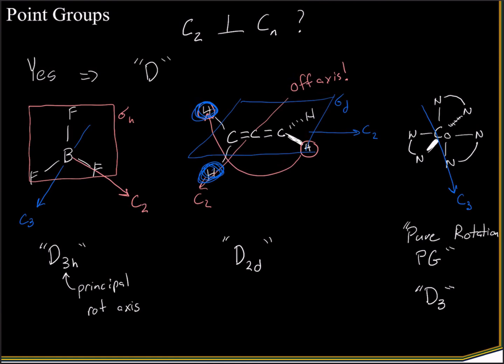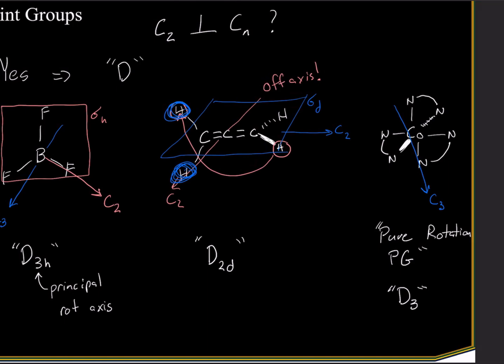Okay, so let's take a couple steps back, right? So let's imagine that we have molecules that do not have a perpendicular C2. Right, so if we go back to that point in the flow chart where we say, do we have a C2 that is perpendicular to our Cn? Right, if the answer is no, then now we are in our C point groups.